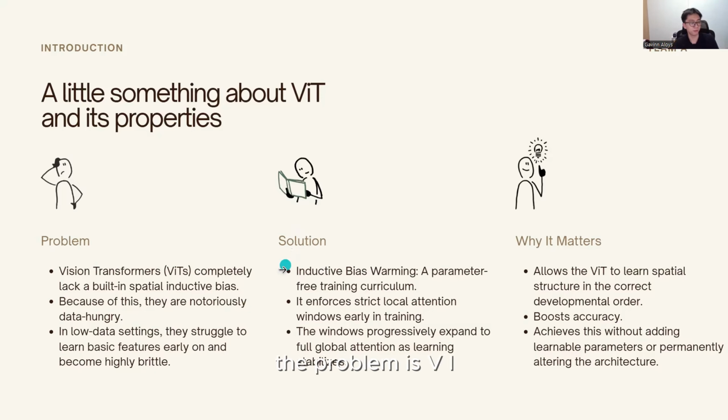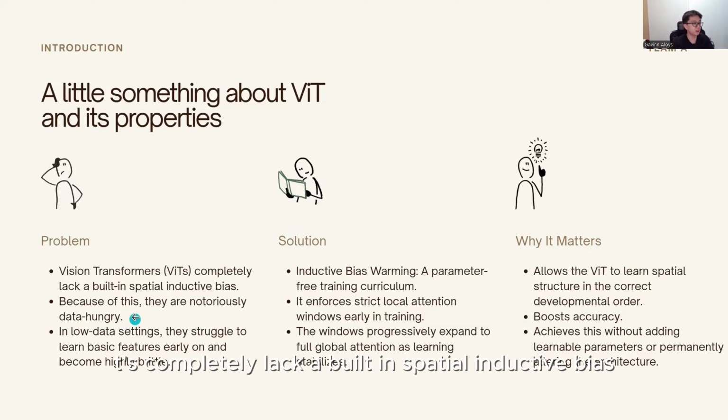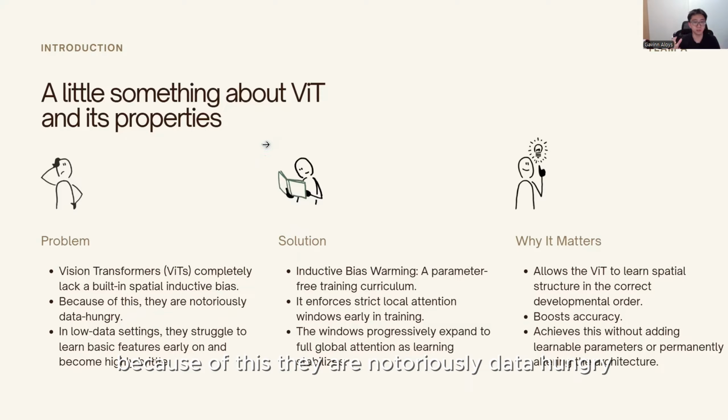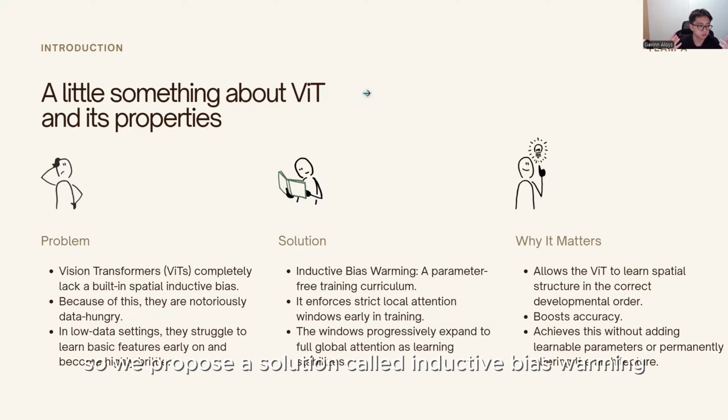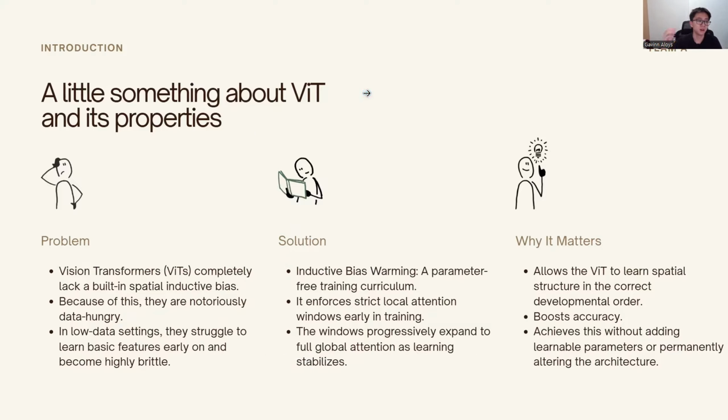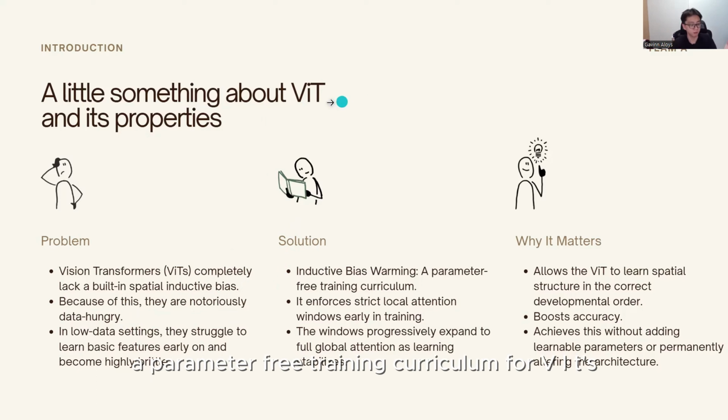The problem is, ViTs completely lack a built-in spatial inductive bias. Because of this, they are notoriously data hungry. And in low data settings, they struggle to learn basic features early on and become highly brittle. So we propose a solution called inductive bias warming, a parameter-free training curriculum for ViTs.